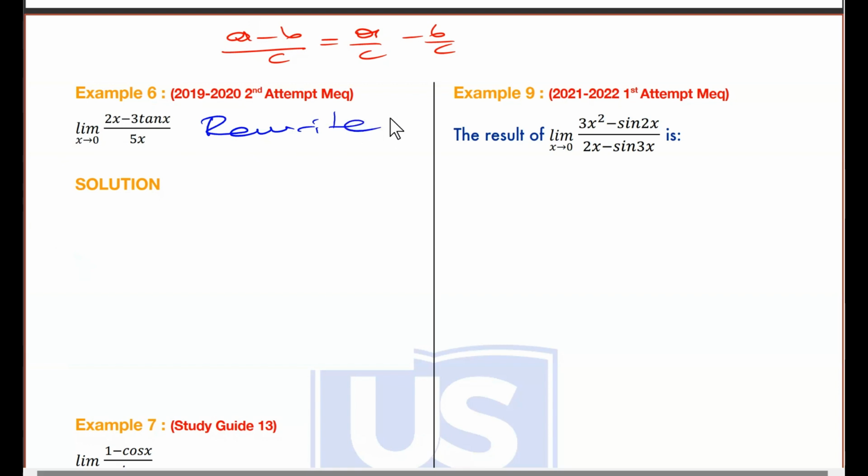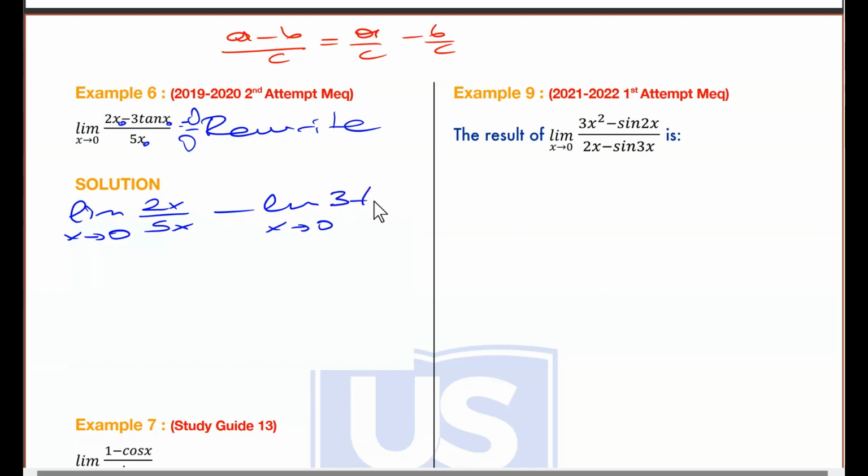We rewrite this because when you insert 0 for x, you will see it is 0 over 0. In order to use one of the rules that we studied, we will break this up into two first. So let's do that. The limit as x approaches 0 of the first term, at the top 2x, the bottom is 5x, minus the limit as x approaches 0 of 3 tangent x divided by 5x.